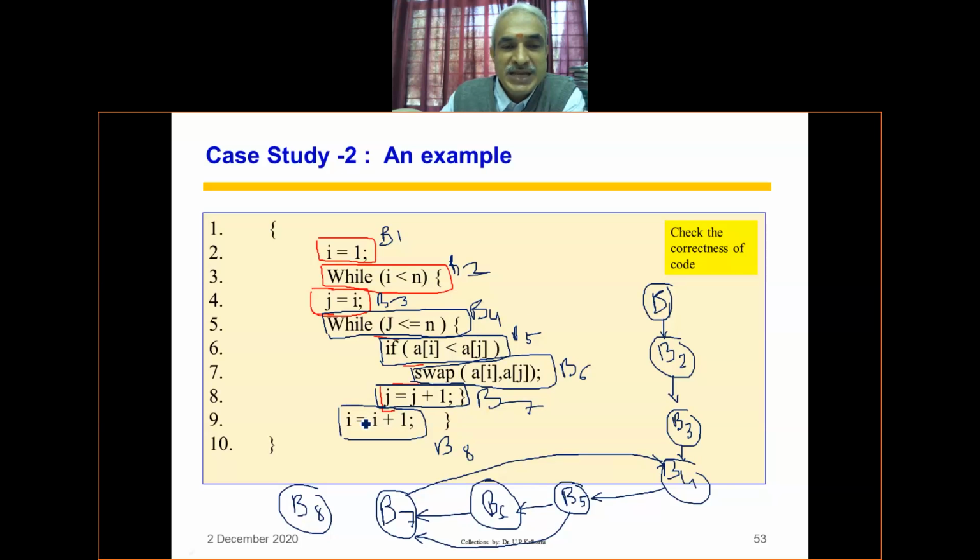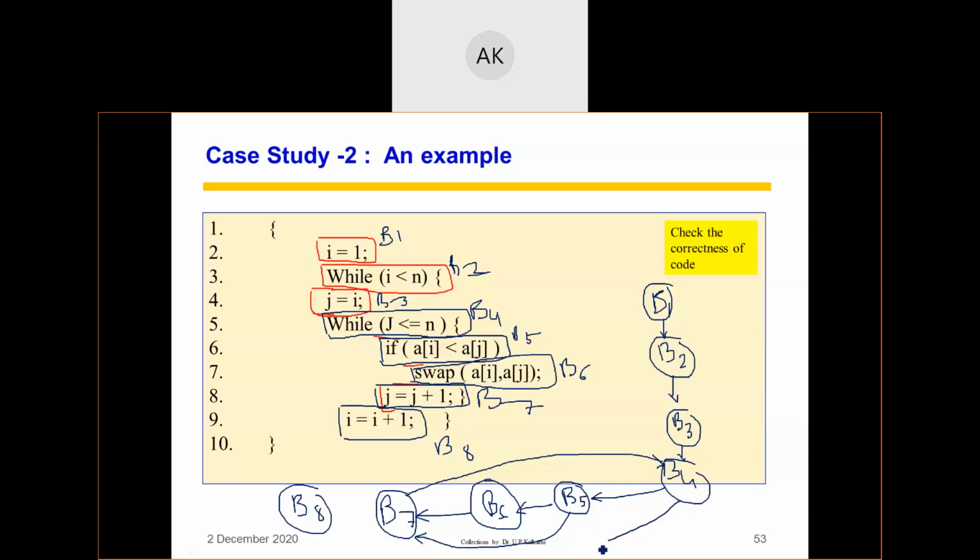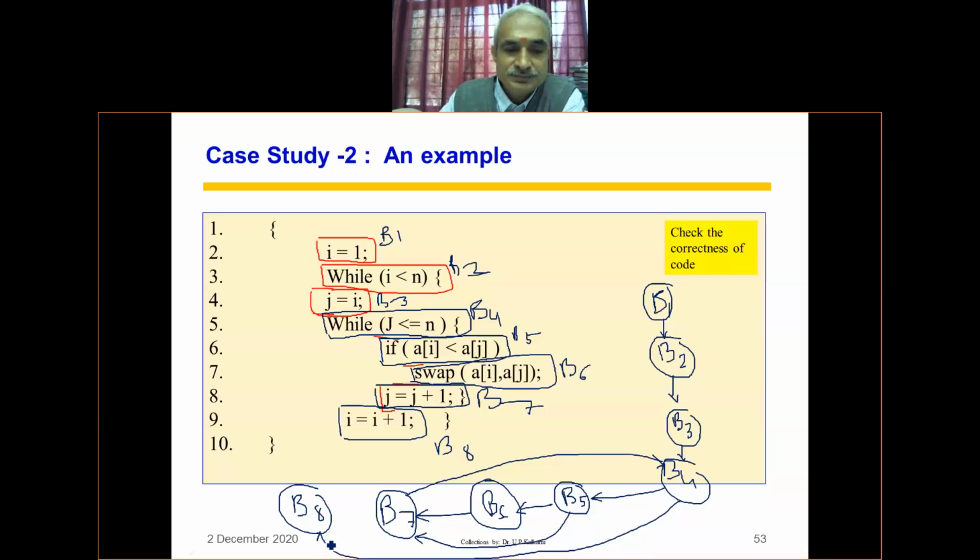B8, J less than N. If it fails, then directly you come to I equals I plus 1, am I right? B4 to B8 you will get. Then from B8 you go back to B4. There is a loop. Are you getting this?